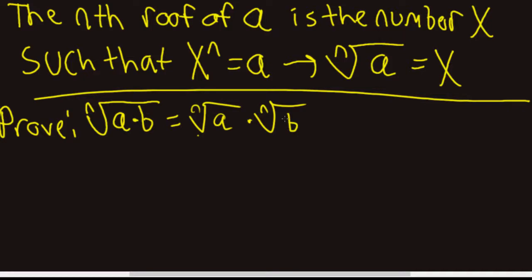Well, if we follow our basic definition of the nth root of a number, we know the following. If we were to take this whole thing here, I'll even write it out, nth root of a times b, and raise that to the nth power, what would that be equal to? Well, by our definition, it has to be equal to ab.